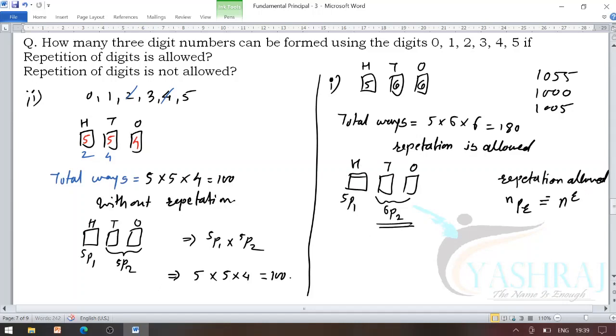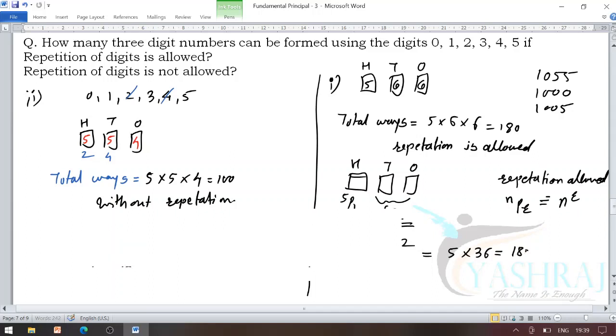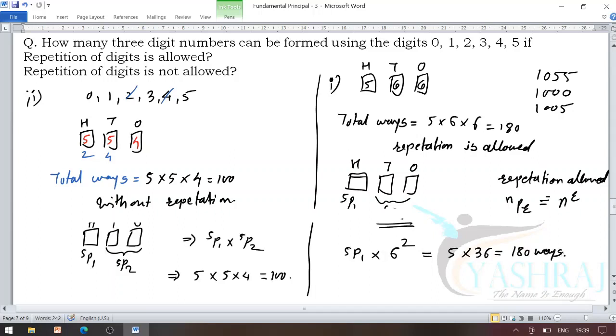So same thing we have to do for this repetition concept. So 5P1 into, as per the multiplication principle again, 6P2, where n is 6 and r is 2, so we get 6 square. So 5P1 becomes 5, into 6 square as 36, and 36 5s are 180. That means there are 180 three-digit numbers that can be formed by using the digits 0, 1, 2, 3, 4, 5 with repetition.